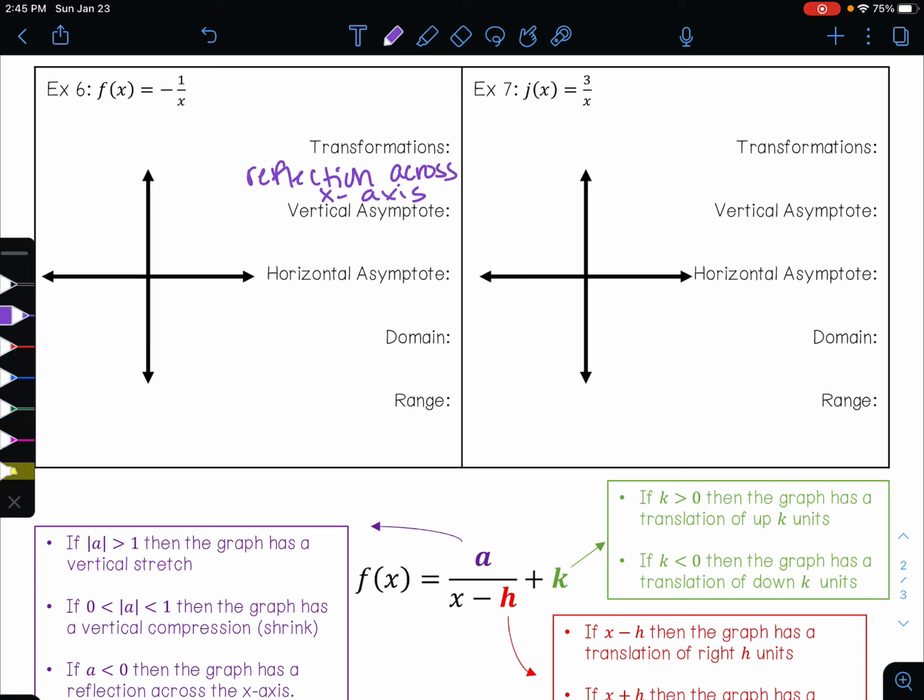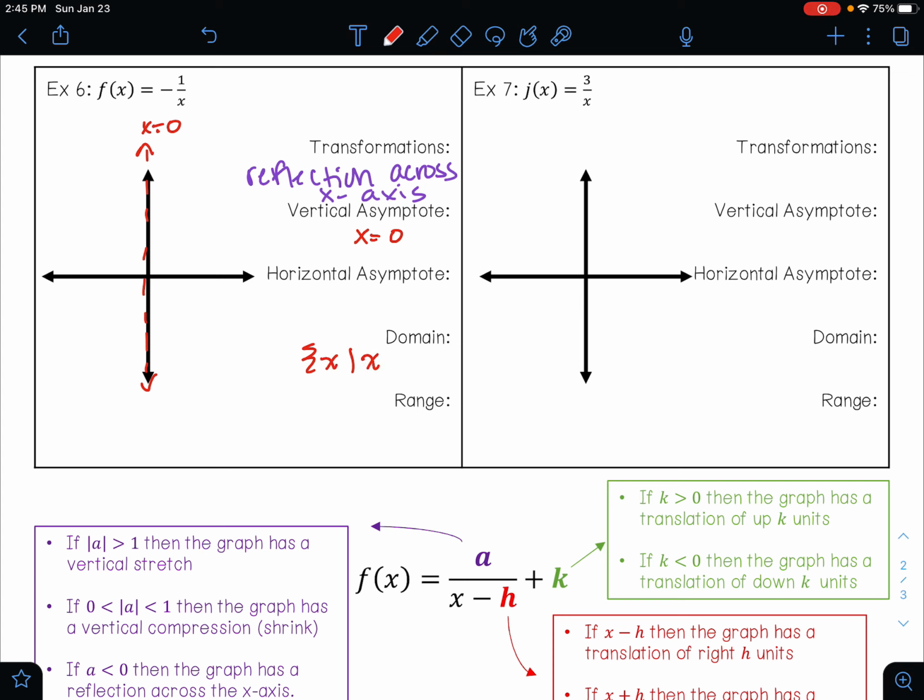That has no effect on our asymptotes. My vertical asymptote is still going to be x equals 0, and so my domain will be all values of x such that x cannot be 0. It doesn't affect my horizontal asymptote, so that will still be y equals 0, and my range will be all values of y such that y cannot be 0.